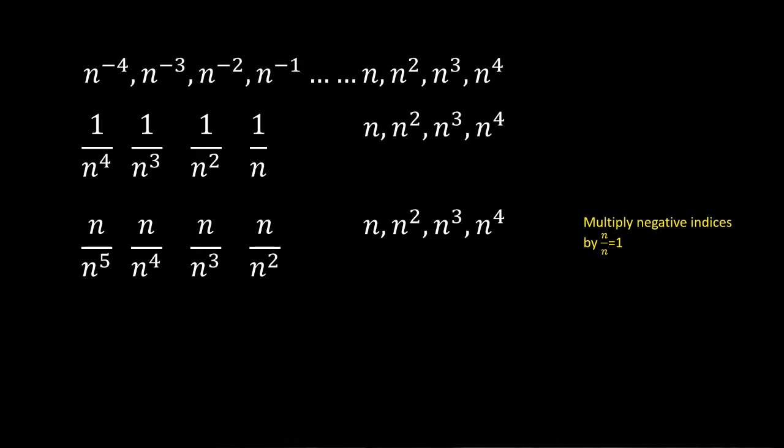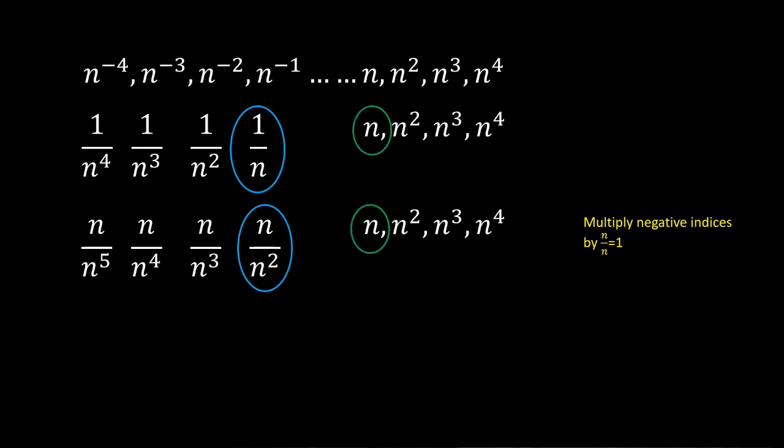And we see that all our negative indices now have n in their numerators, just as with the positive indices. We now see that n raised to a negative 1 is the same as 1 over n, or n over n squared. Likewise, n raised to 1 is just n.